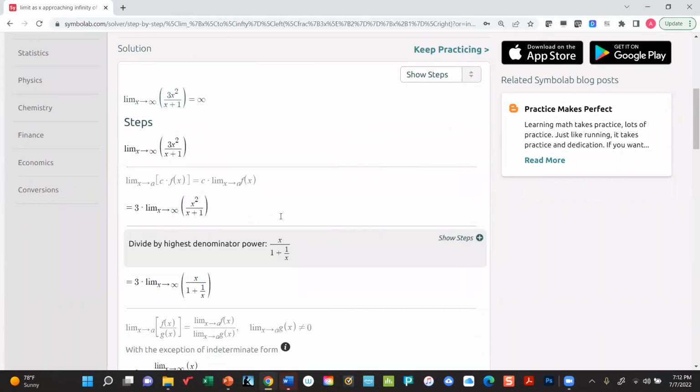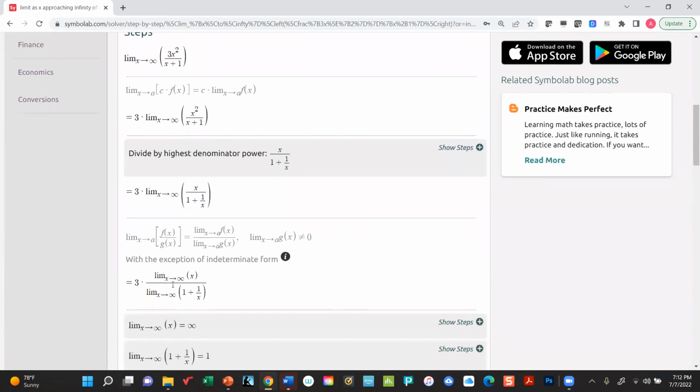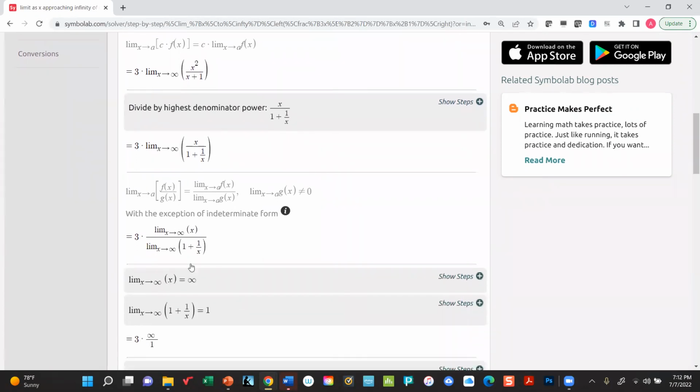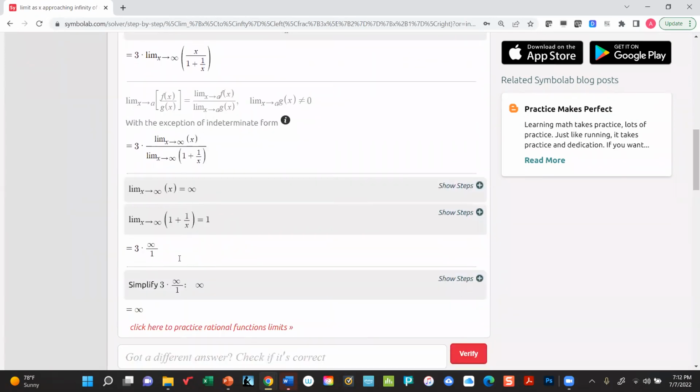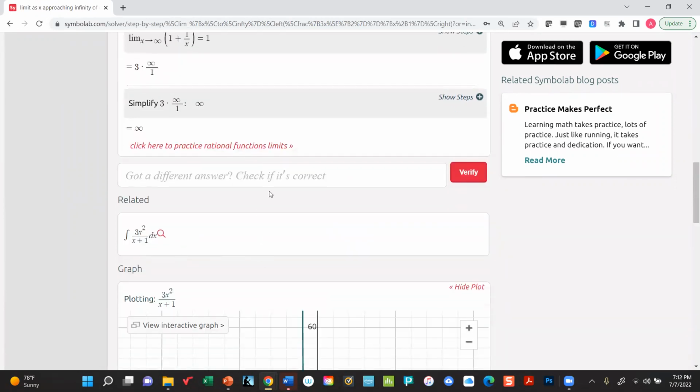And here's the strategy that they employed. They divided everything by x like we did. They factored out the 3. And in the numerator, we ended up with infinity. In the denominator, 1 plus 0. And that's what we wound up with. How do you like that? Okay, well, that's that.